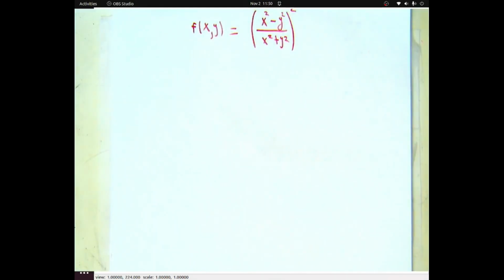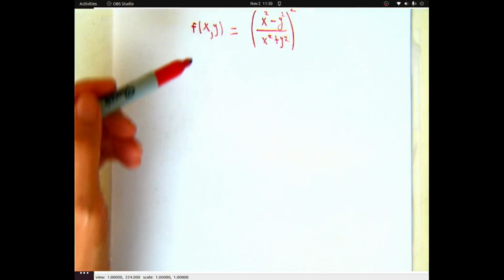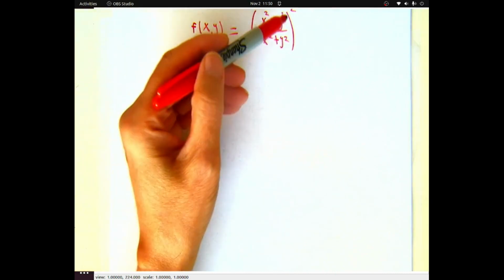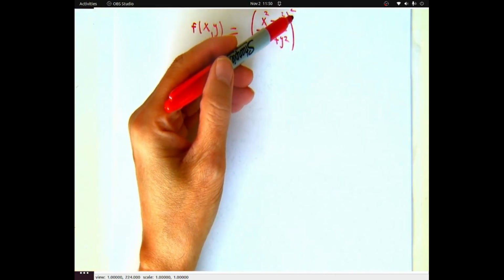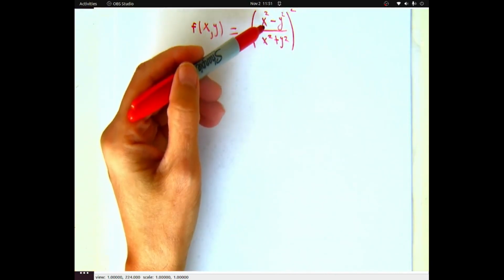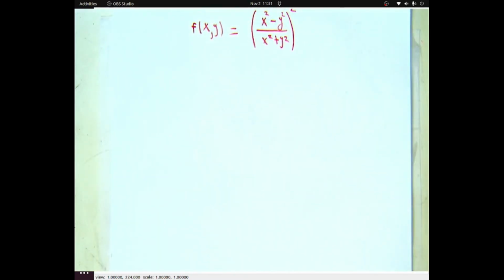As my last example of this introductory material, I'd like to let f of x and y be the square of something. The something is a fraction. Upstairs, x squared minus y squared. Downstairs, x squared plus y squared. You can always calculate x squared minus y squared and x squared plus y squared.